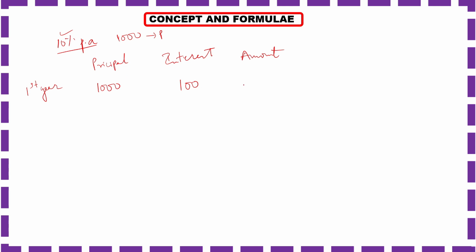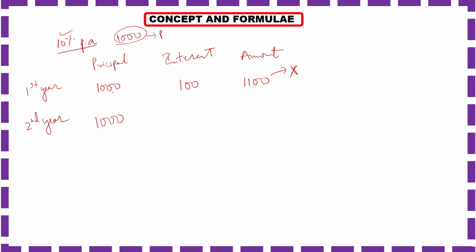And what is the total amount by the end of the first year? It's 1,100. Why this 1,100? 1,000 plus 100. Now, we shall assume that you are not able to pay at the end of the first year, so you wanted to pay by the end of the second year. The principal that you borrowed remains the same.